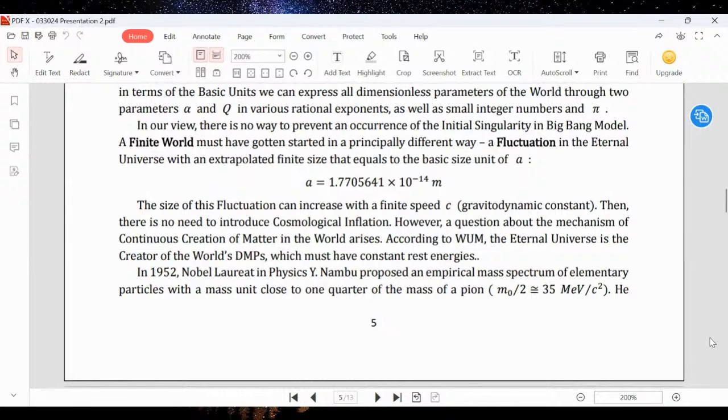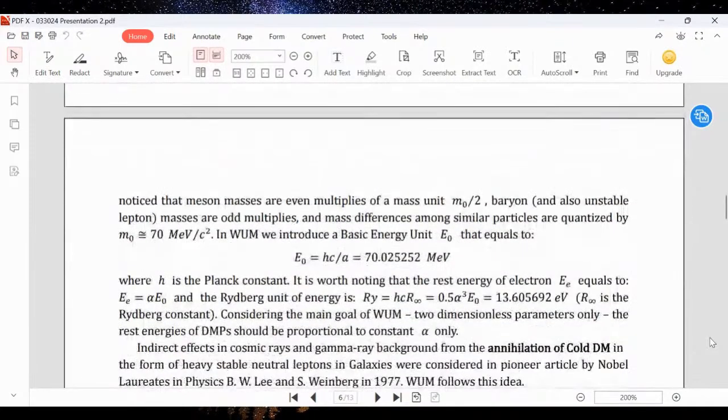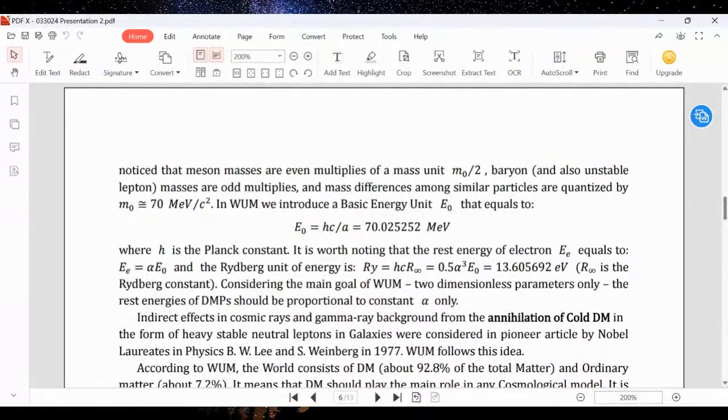In 1952, Nobel laureate in physics Nambu proposed an empirical mass spectrum of elementary particles with a mass unit close to 1/4 of the mass of a pion. He noticed that meson masses are even multiples of a mass unit m0/2, as are baryon and also unstable lepton masses.